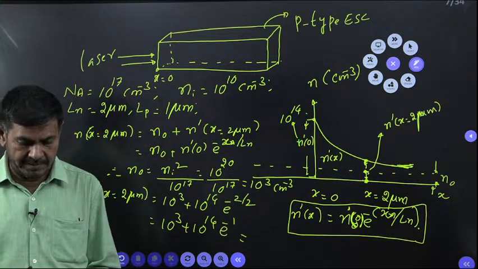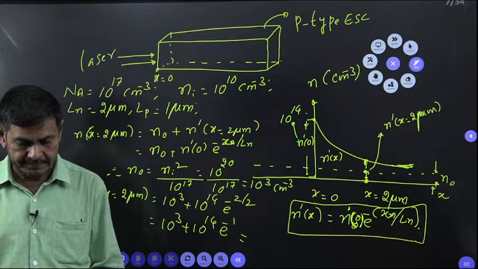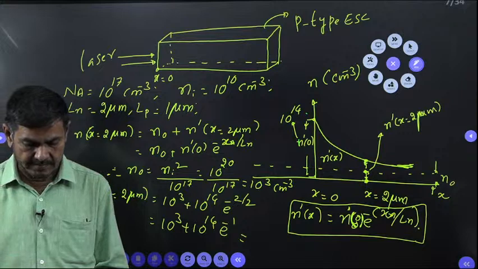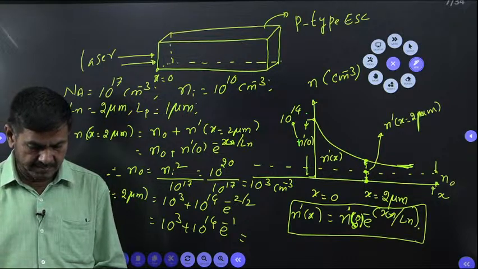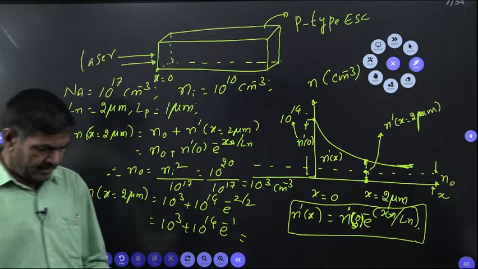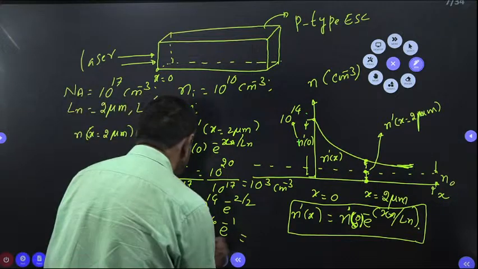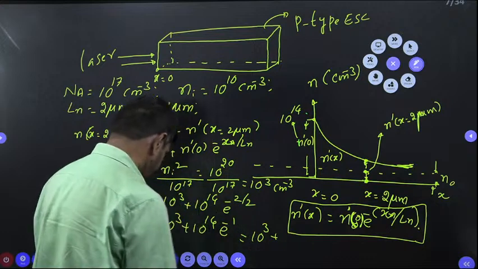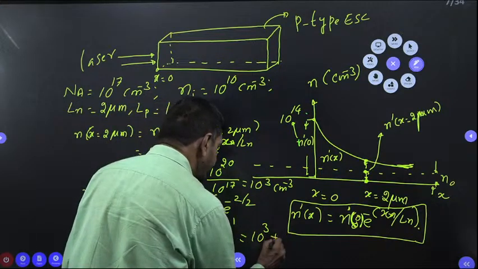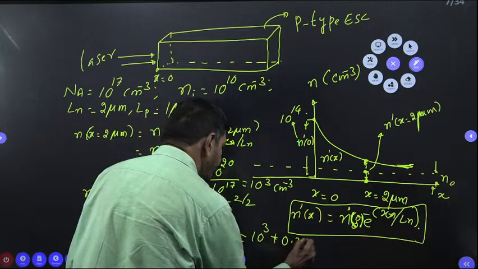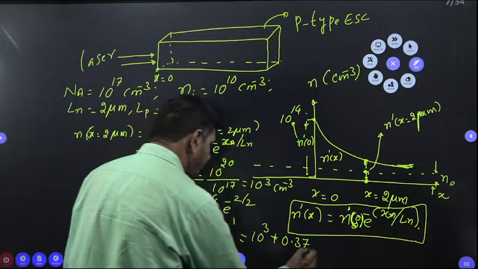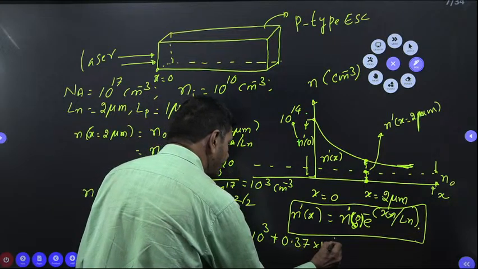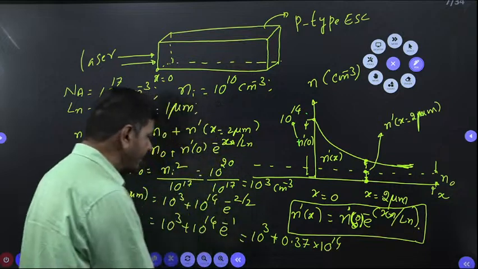That value will be like this now: 10 power 3 plus 0.37 into 10 power 14. That much value is possible.